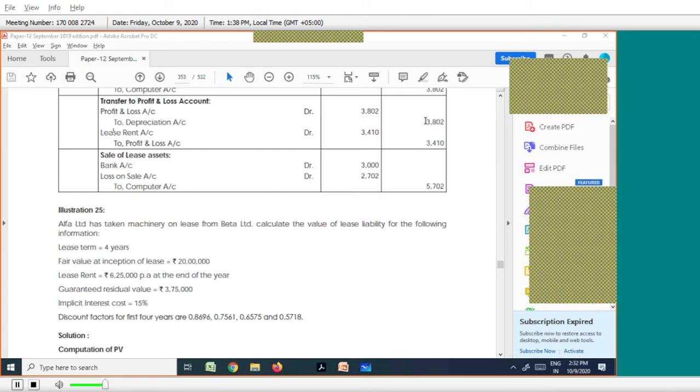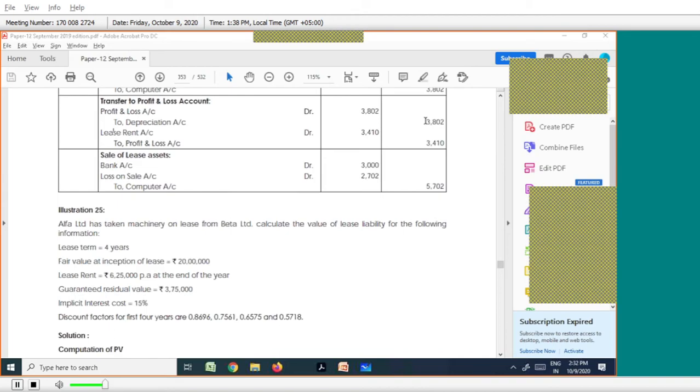But the question is, calculate the value of lease liability. Since they said in the question itself to calculate the lease liability, it is a finance lease, because only in a finance lease do we calculate the lease liability and asset in the books of the lessee.